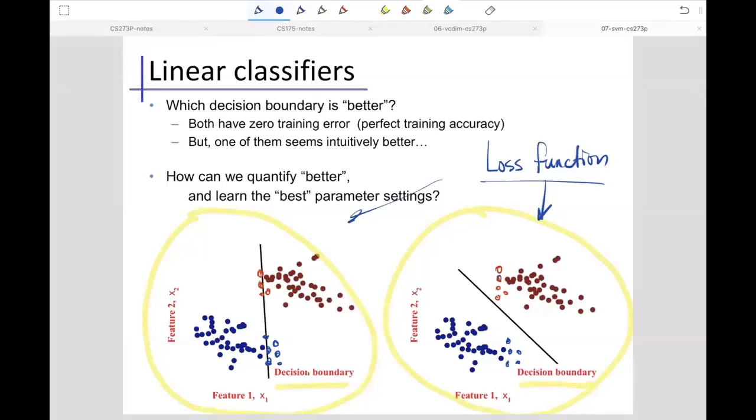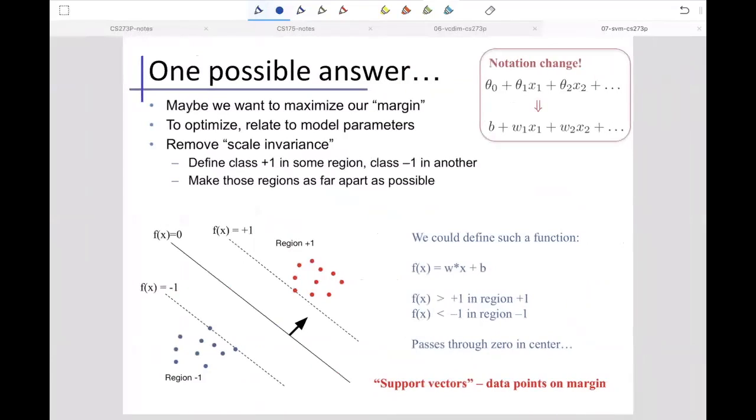So I would like to directly address this question and say, given these two solutions, which one is better? Can I come up with a metric to say which one is better? That's what the SVM model is trying to do. Once I have the decision boundary, I want to have some idea of what the gap is between these two groups of data points.